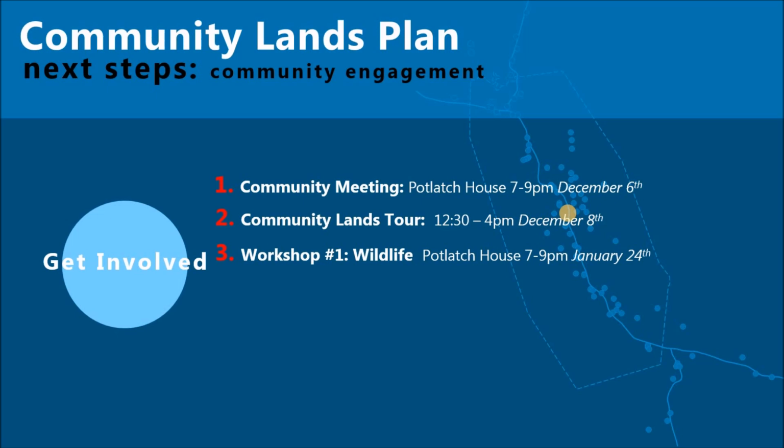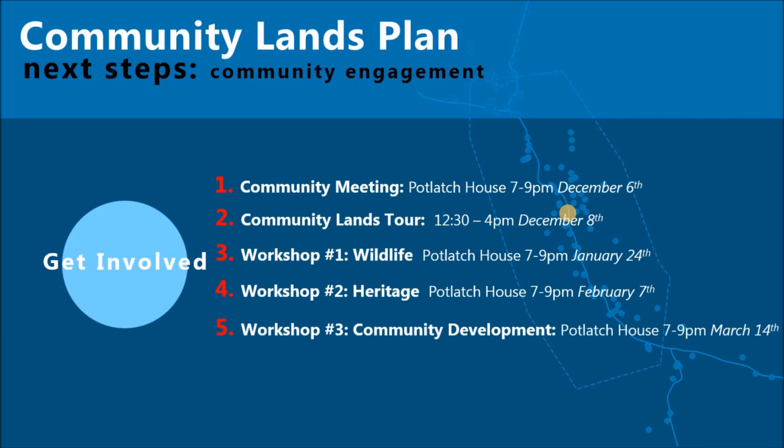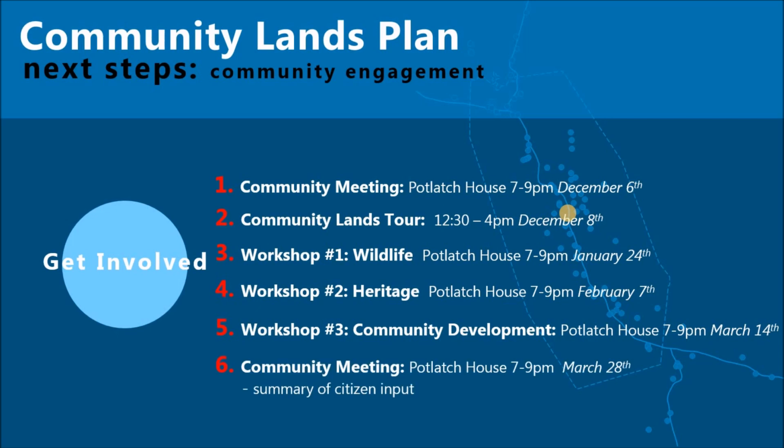And in the new year, January 24th, we'll have a workshop on wildlife, followed by a workshop on heritage on February 7th, a workshop on community development on March 14th, and then we're going to bring all that material back to the community at a community meeting on March 28th, and then we're going to wrap things up with a tour of those lands at the end of March.